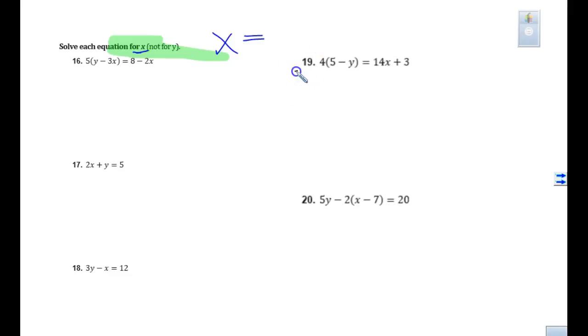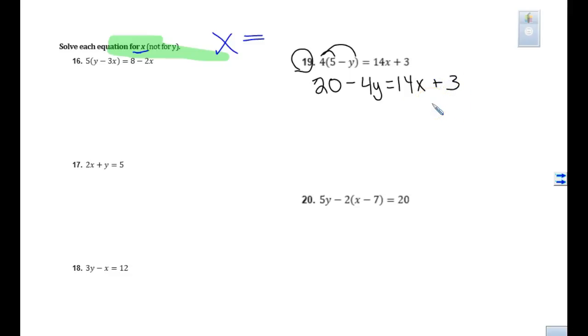And if you didn't get that far, that's okay. You're going to have time today to work before you turn it in. So we are looking at, first thing here, we have to distribute on 19. So turn to page 9, so you're doing number 19 if you didn't have it. So we're going to have 20 minus 4 times that y gives me a negative 4y equals 14x plus 3.